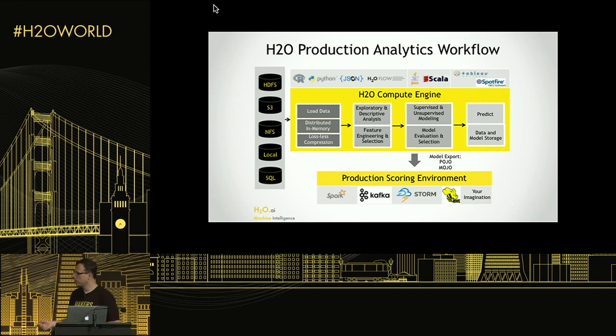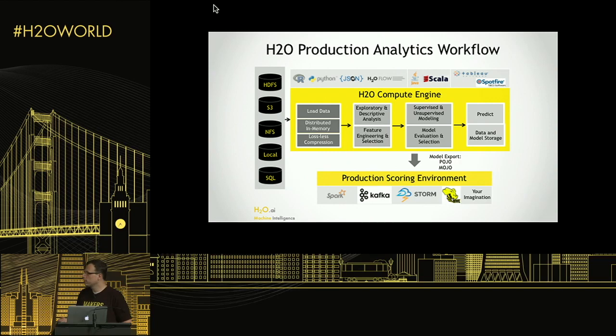The MOJO has a Java runtime, which means it can integrate with almost any Java environment you might have. If you have an Oracle database, Oracle has the ability to run Java user-defined functions, so you can use the MOJO in Oracle database.